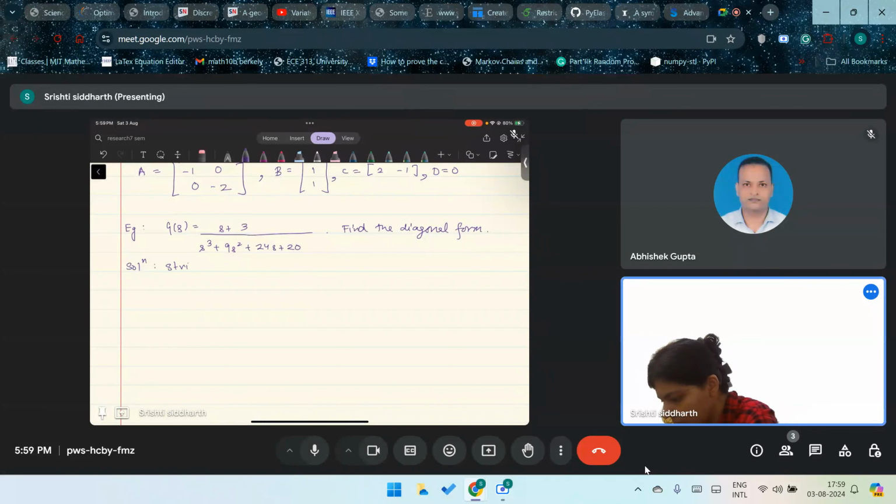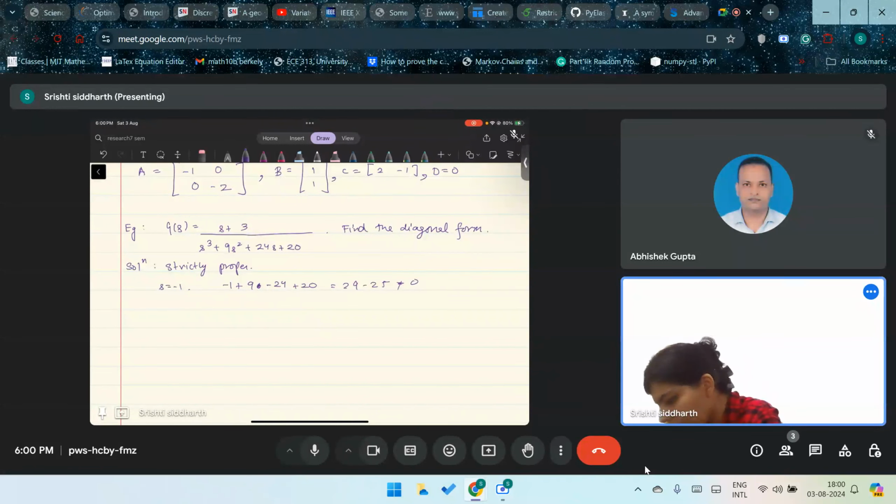First this is strictly proper, and then we'll have to find out the roots. So let's check. S equals minus 1. So it would be minus 1 plus 9 minus 24 plus 20.